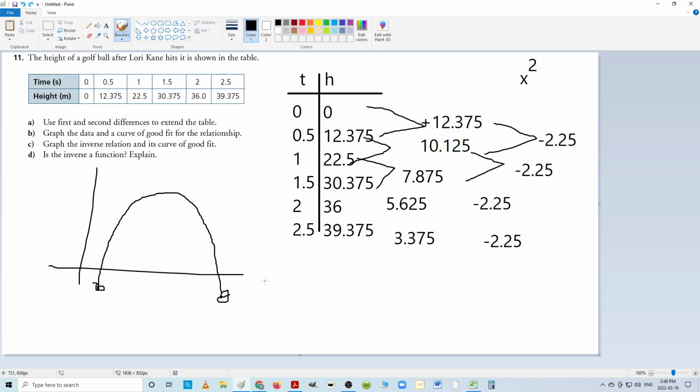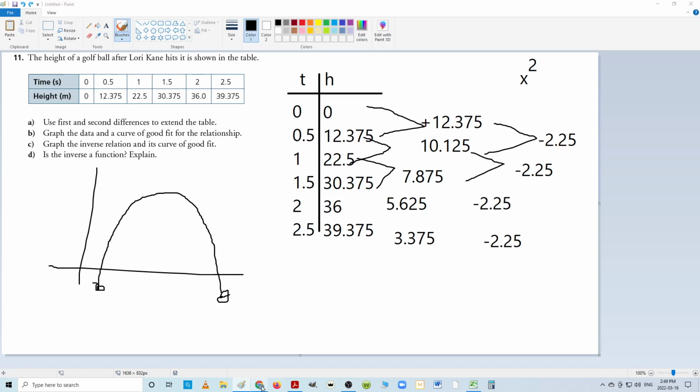And you could argue that only half the parabola should exist based on whatever domain and range we find. Now the actual inverse of the formula, no, it's not going to be a function. But the inverse of the reality situation, it's probably also not going to be a function now that I look at it. It's going to be a sideways curve. So generally speaking, the inverse of any parabola is never going to be a function.